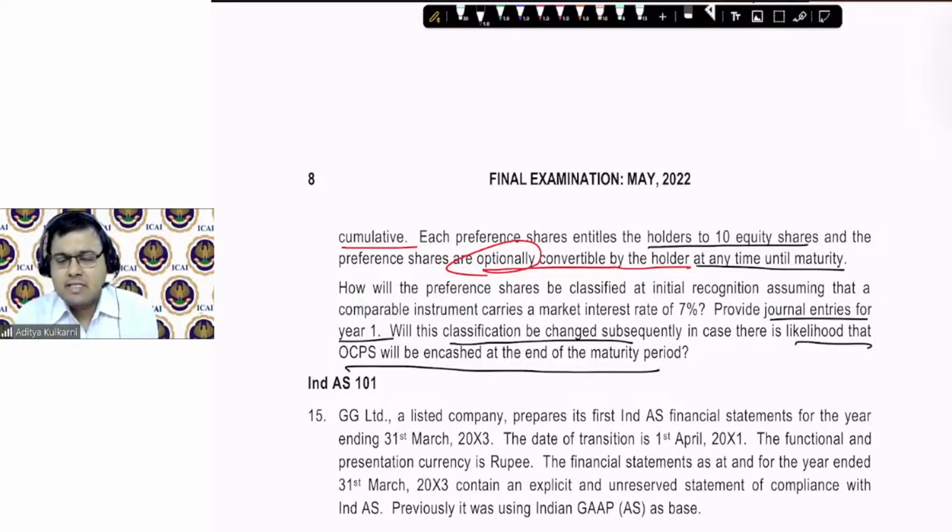In fact, a similar concept is also there in Ind AS 116. As far as I remember, lease payments linked to an index, and the index is a movable index. It keeps on moving, like inflation index or gold price index, etc. In that also, the standard expressly prohibits that you estimate the movement of the indices in the future.